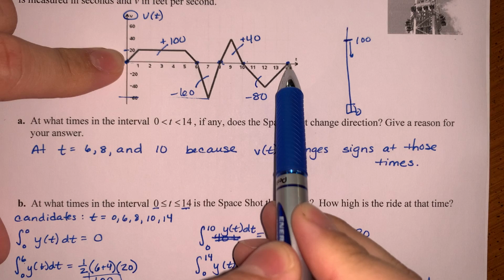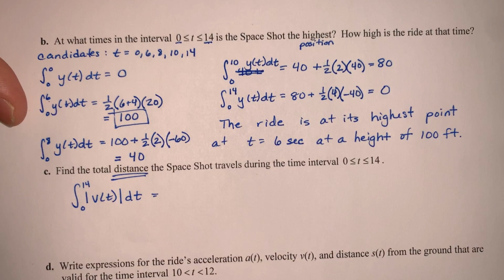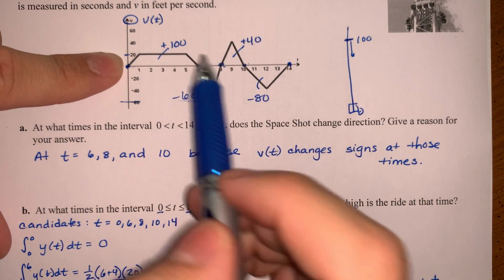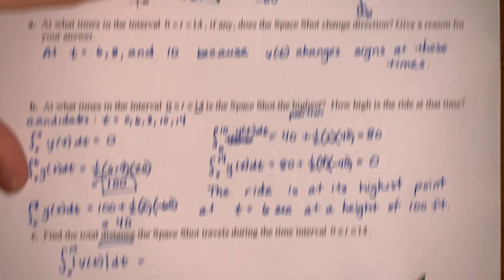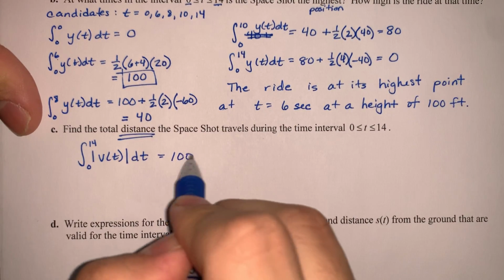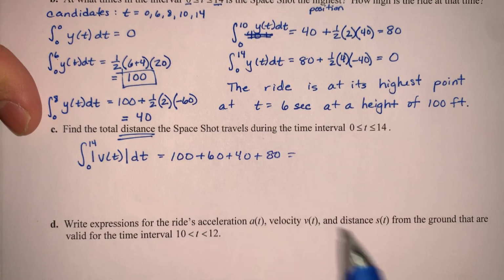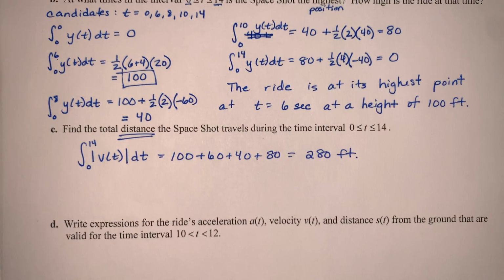It went down to 0, right? But if we're talking about distance, the total distance traveled whether it was up or down, we would have to do 100 plus 60 plus 40 plus 80, for a total distance traveled of 280 feet.